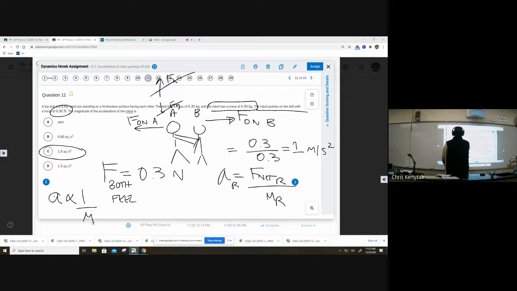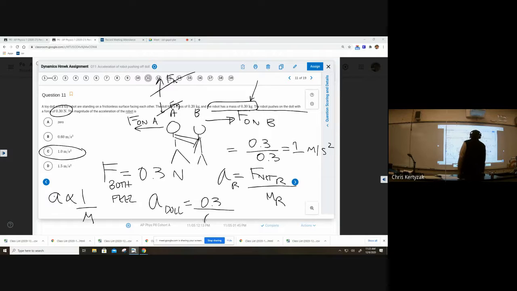So it looks like the robot was heavier. The robot had more mass. So that means the robot's acceleration was 1, right? If we calculated this acceleration for the doll, it would have been the same net force of 0.3, but the doll's mass was actually only 0.2, which is 1.5.